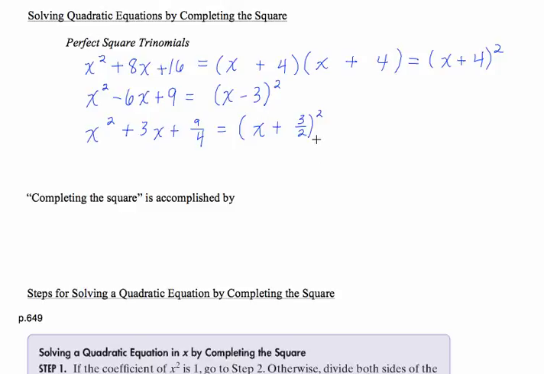Now completing the square is accomplished when you write a quadratic equation so that one side is a perfect square trinomial.